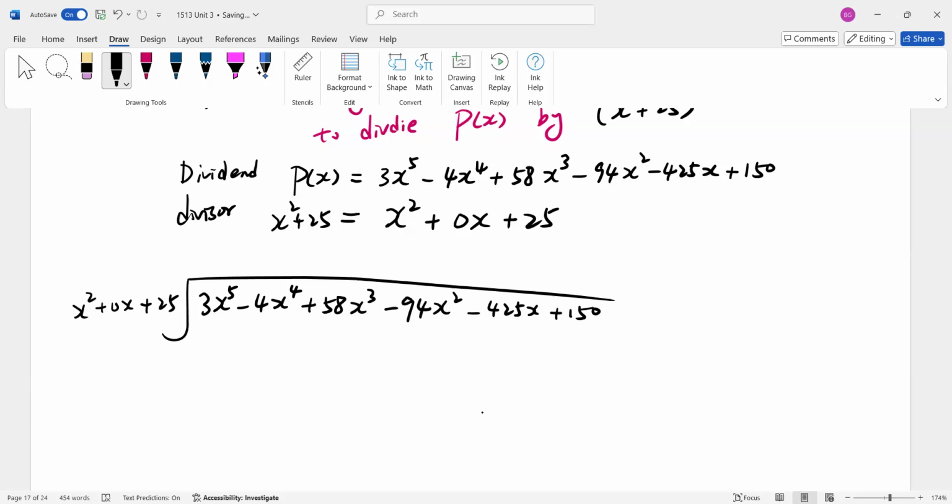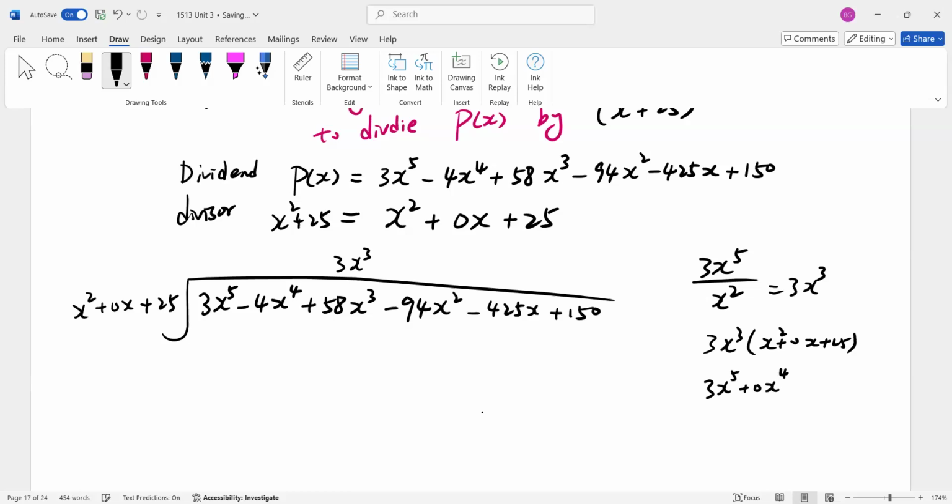Use the leading coefficient of the dividend over the leading coefficient of the divisor. The quotient is 3x cubed. Put the 3x cubed right here. Then multiply 3x cubed by the divisor, x squared plus 0x plus 25, and we have 3x to the 5th plus 0x to the 4th plus 75x cubed.